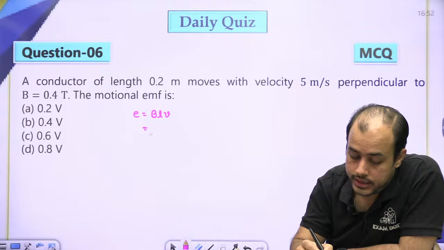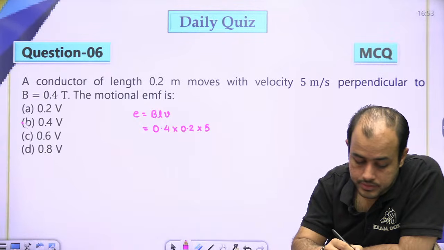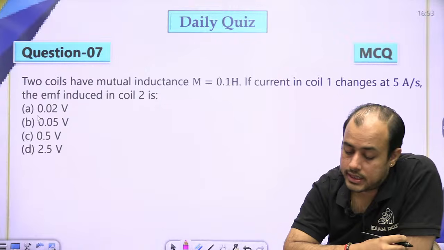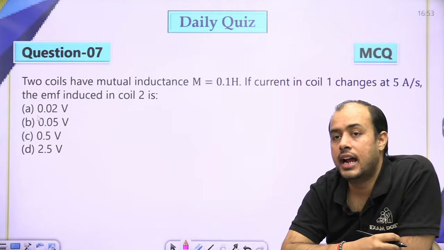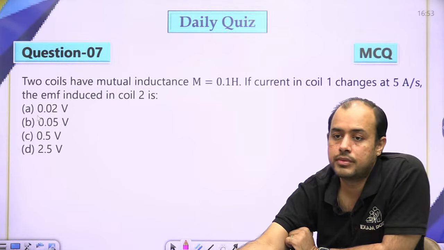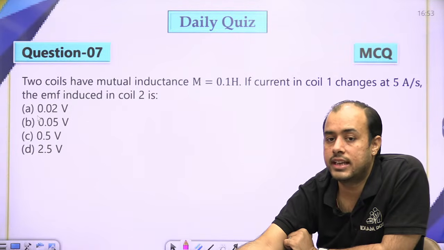If everything is perpendicular, multiply. Very good. Two coils have mutual inductance 0.1 Henry. If current in coil 1 changes at 5 ampere per second, what is the EMF in coil 2? Current is changing in coil 1. I want the EMF in coil number 2.